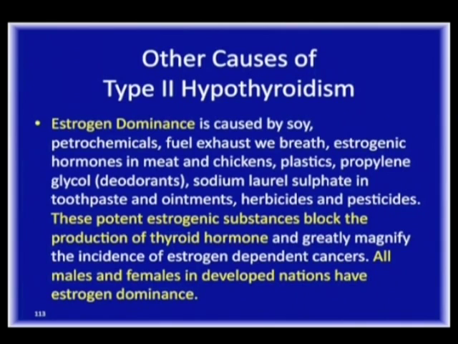Estrogen dominance means that there is effectively more estrogen in your system than progesterone. This is true in both males and females. Estrogen dominance is caused by eating soy, breathing or being around petrochemicals, the fuel exhaust we breathe, estrogenic hormones in meats and chickens, plastics, cooking food in plastics, polypropylene glycol, which is present in deodorants, sodium lauryl sulfate, which is in toothpaste and ointments, herbicides and pesticides.